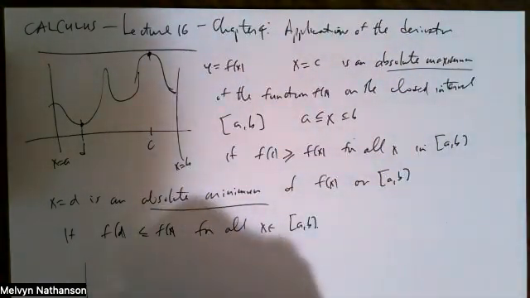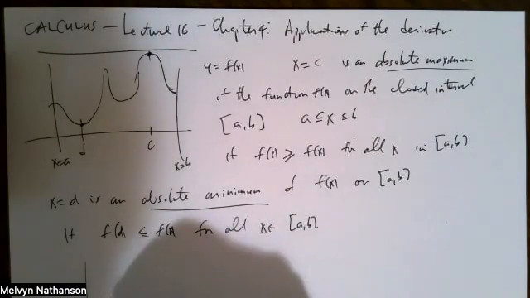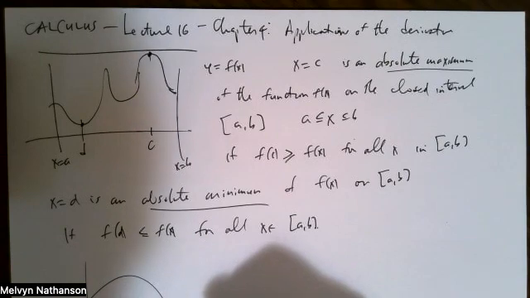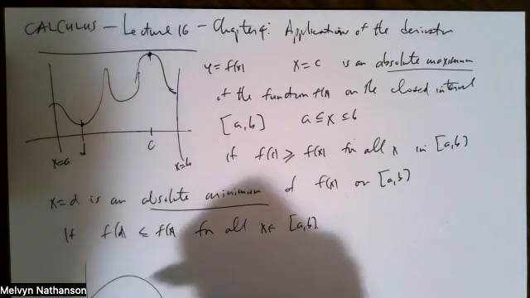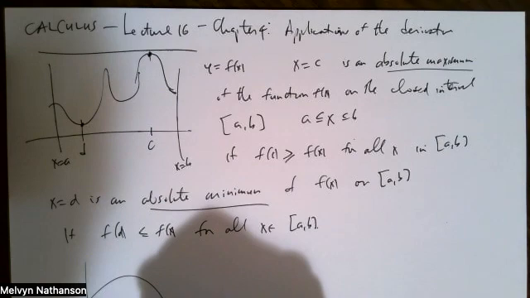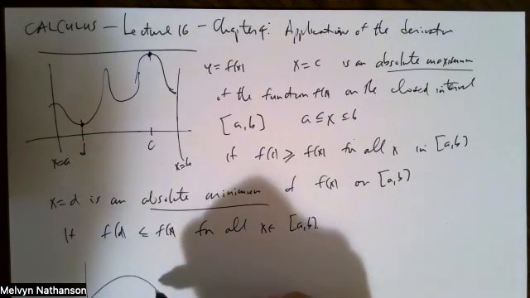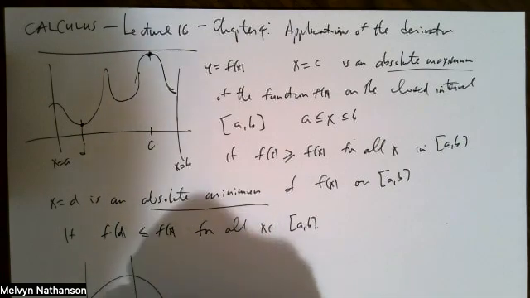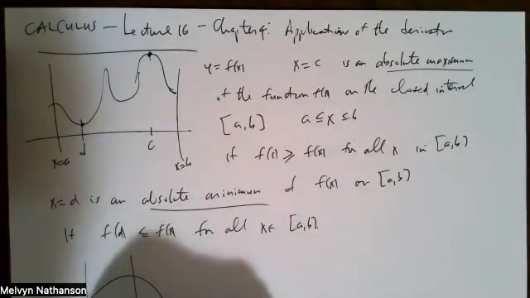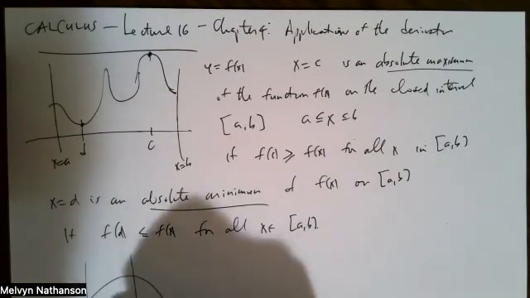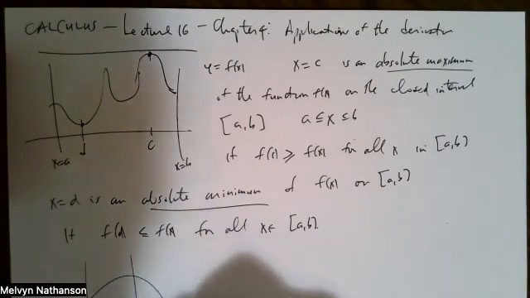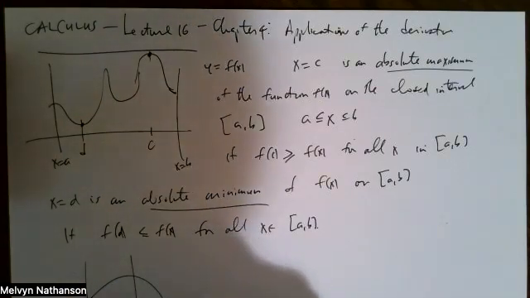You could also have, let's say we had a parabola looking like that. But we're only looking at the interval, say this is A and this is B. So here we have the graph of a function, and on this interval, from A to B, at x equal A, you have an absolute minimum.